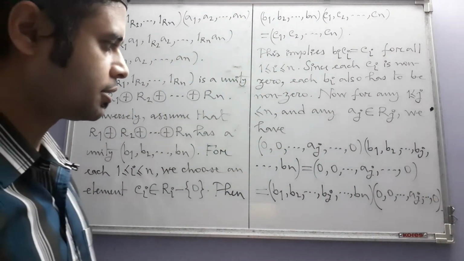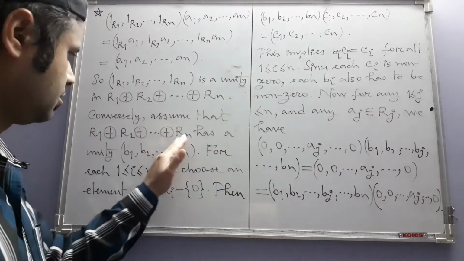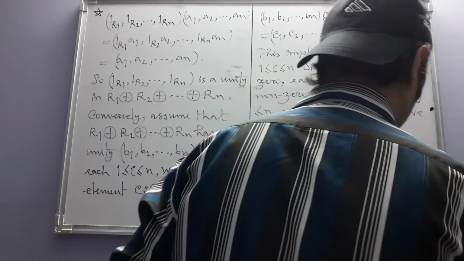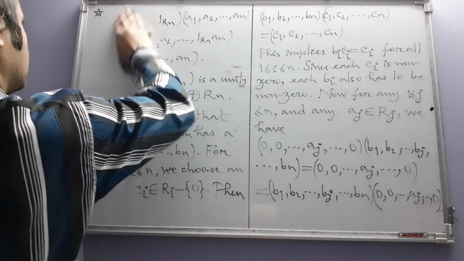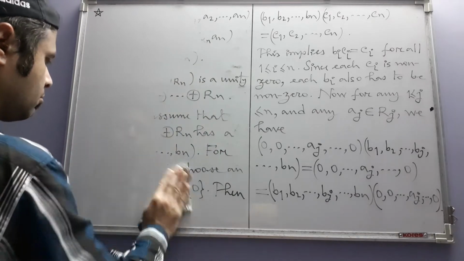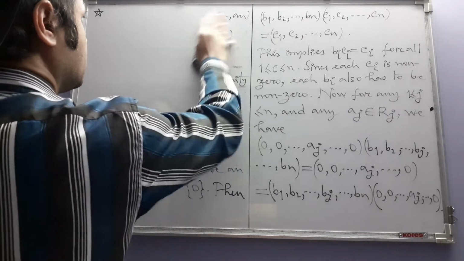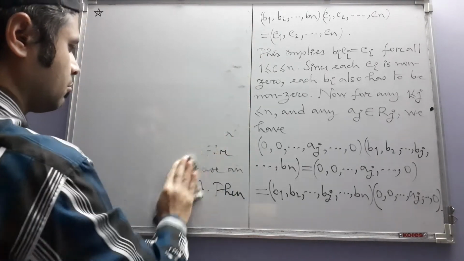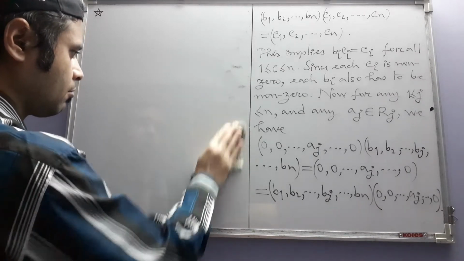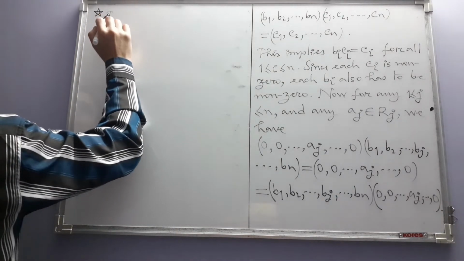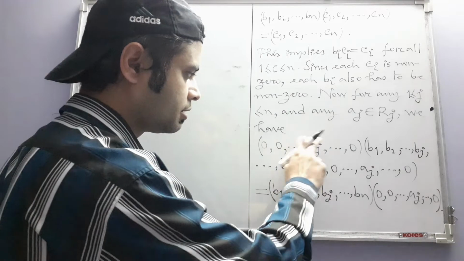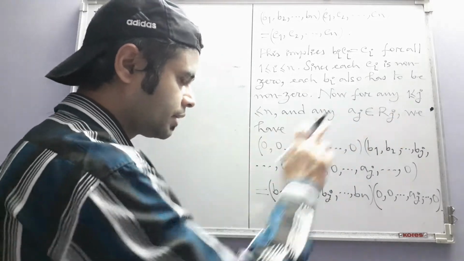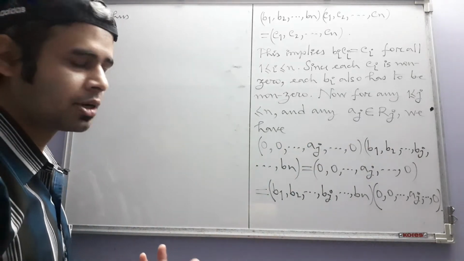and in writing these two equations we have only used the fact that this is a unity in the direct sum, nothing else. But now what do we get from this? We don't care about the other entries, we only see the jth entry. The jth entry on the left hand side is going to be aj bj because of component wise multiplication.